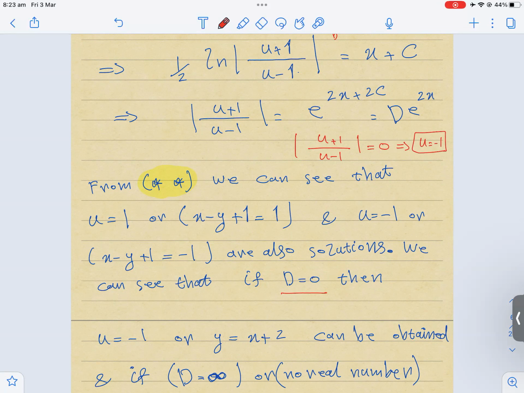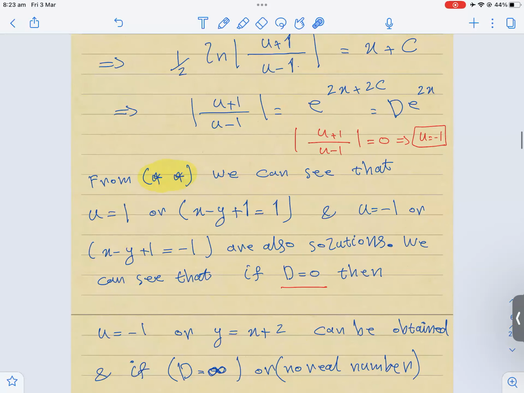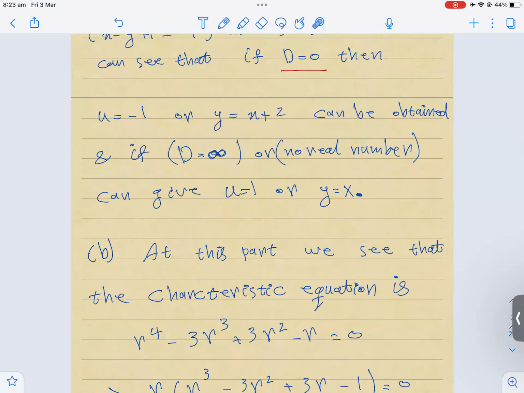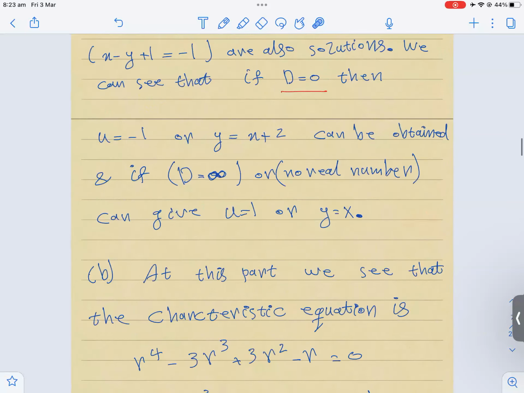But if I take d equal infinity, the denominator can be 0. But infinity is not a real number. Therefore, for d infinity, or for no real number d, can we get u equal 1. So there is no real constant for this d that can show the u equal 1 solution.